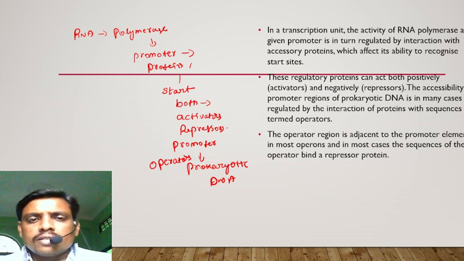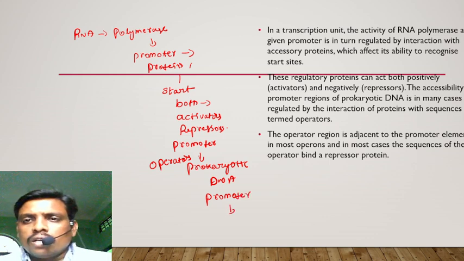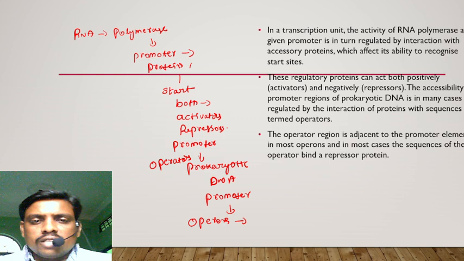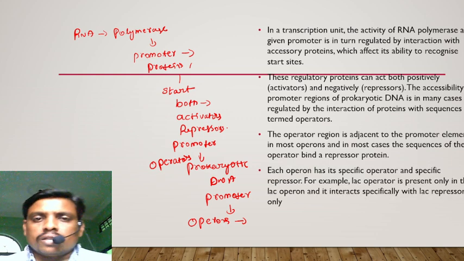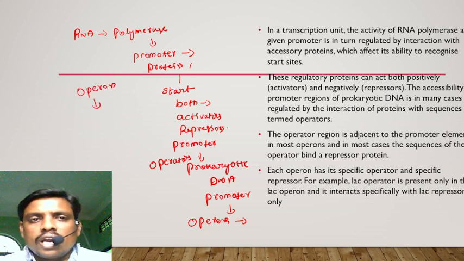The operator region is present near the promoter region. In most operons, the sequence of the operator binds a repressor protein. Here each operon has a specific operator and its specific repressor.